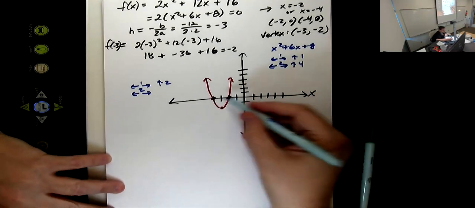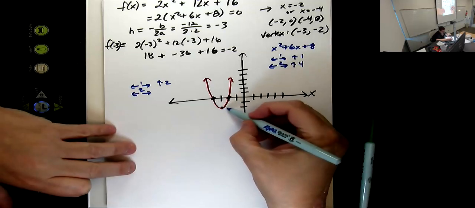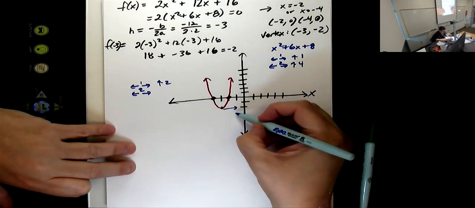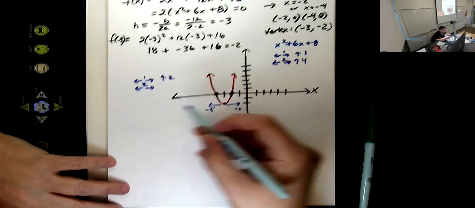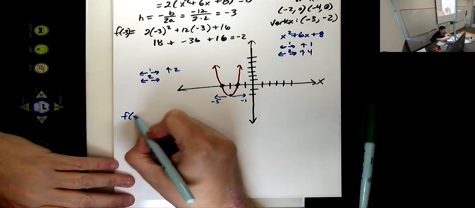Let's check it out. If I go left or right 2, that gets me to -1 or -5. Let's see what f of -1 is.